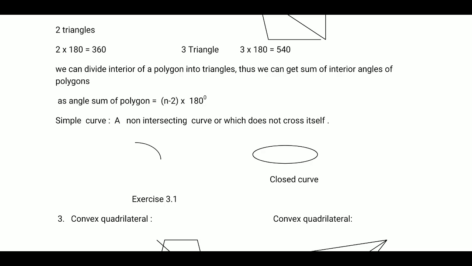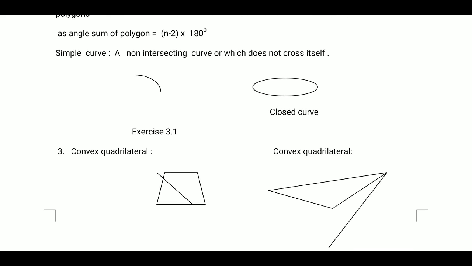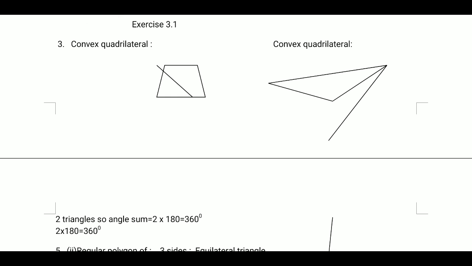Now some definitions for curves. A simple curve, a non-intersecting curve which does not cross itself, is called a simple curve, like this. And one is an open curve, another one is a closed curve. Now convex quadrilateral, figure is deformed.